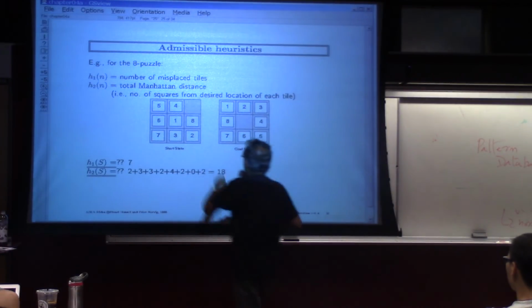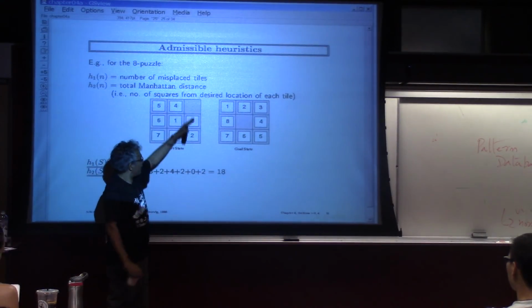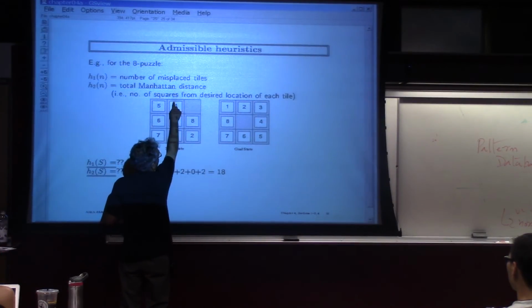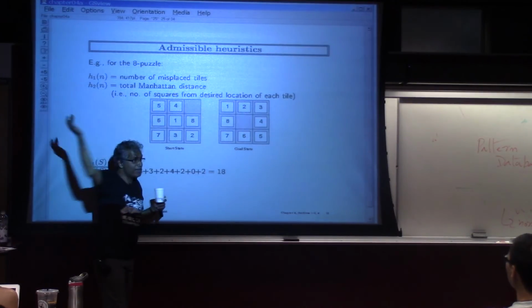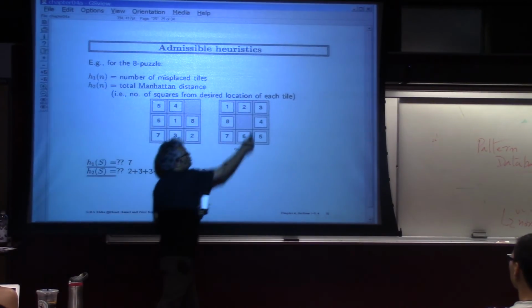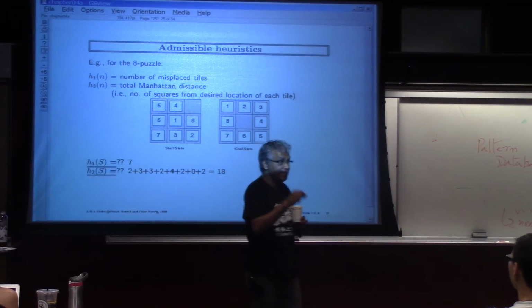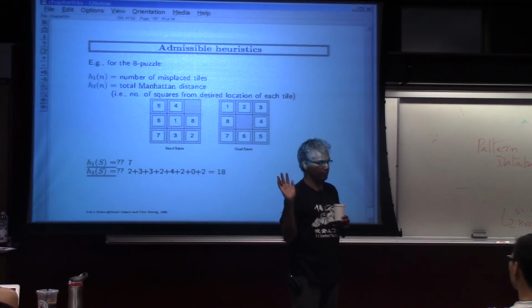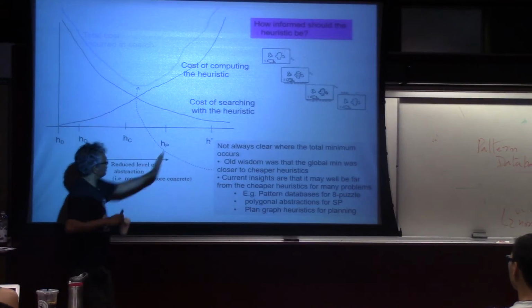Because you actually have to write a real search algorithm, which goes from a configuration which has 3, 4, 5, 6, 7 in these places, and the 1 and 8 have been whited out, and it needs to get into this position. It's a cheaper search problem. It is an abstraction of the original problem, but it's quite costly still. People didn't even check these kinds of things as heuristics before. Because why? It looks like those would be the bad kind of heuristics because they would be somewhere here.